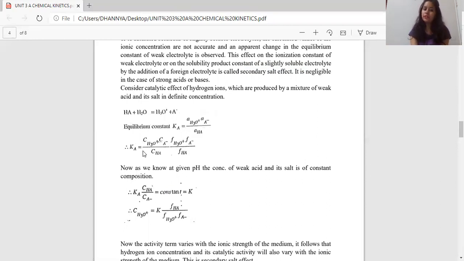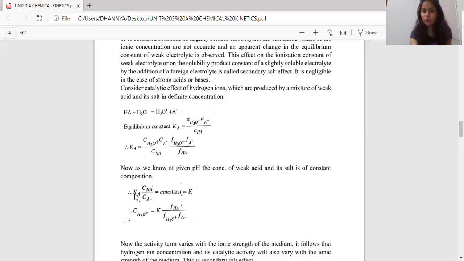Because we already know that the hydronium ion is considered one of the most unstable ions in this entire equation. So the equation will be like C of H3O plus equals K of C of HA into F of HA upon C of A minus, F of H3O plus into F of A minus. So the equation becomes upside down because we are cross multiplying.